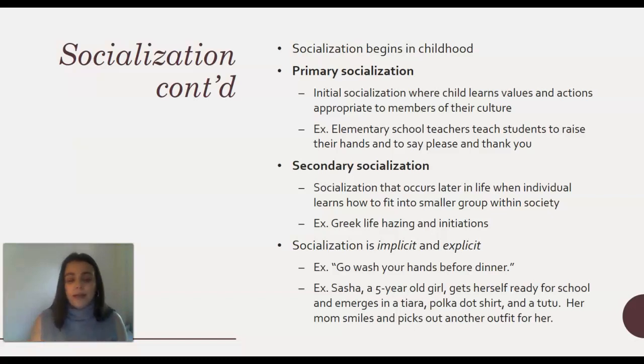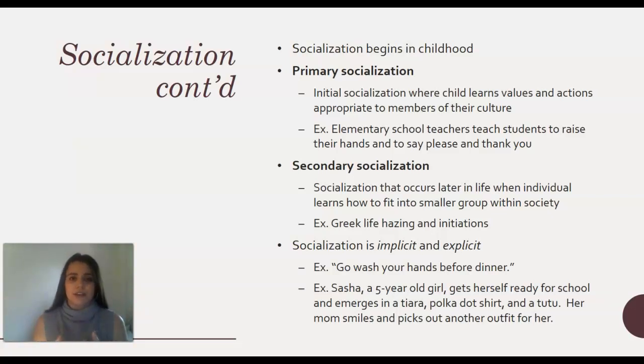The other important point here is that socialization is both explicit, right? So sometimes it's very obvious and clear that we're being taught something, and then other times it's a little bit more subtle and it's implicit, okay? So I have these two examples here that I think illustrate this well, right? In the first example, you have a parent who's telling their child, go wash your hands before dinner, right?